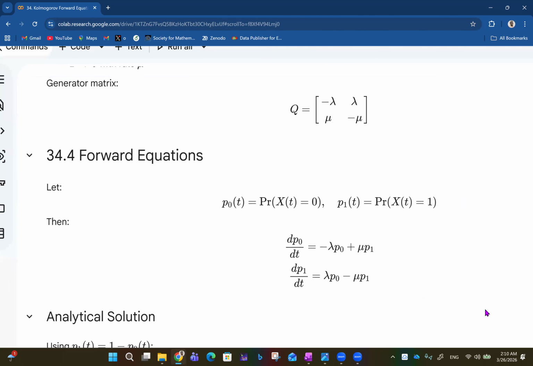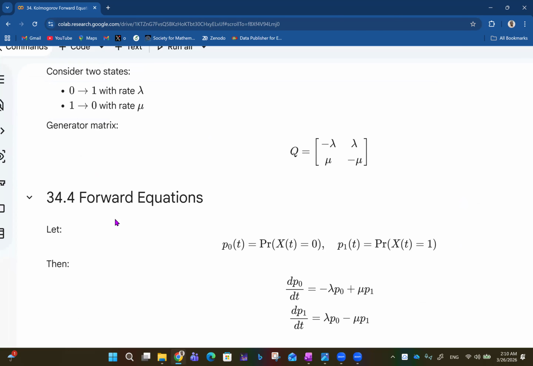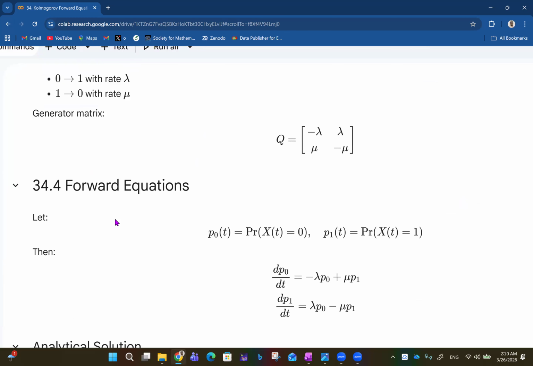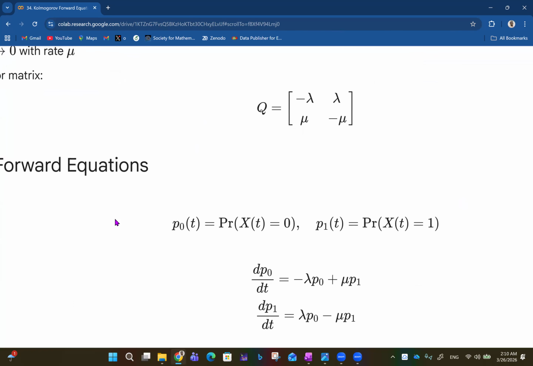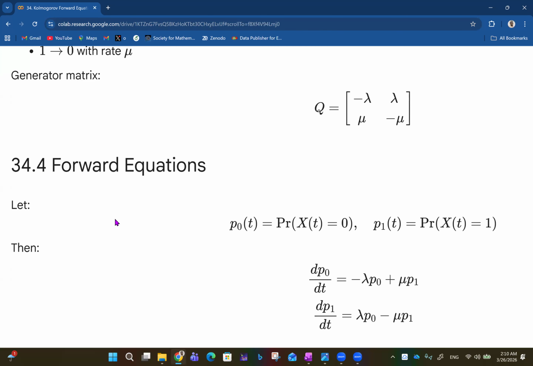So for the forward equations, let P_0(t) be equal to the probability that X(t) is equal to 0, and P_1(t) the probability that X(t) is equal to 1. Then dP_0/dt will be minus lambda P_0 plus mu P_1.